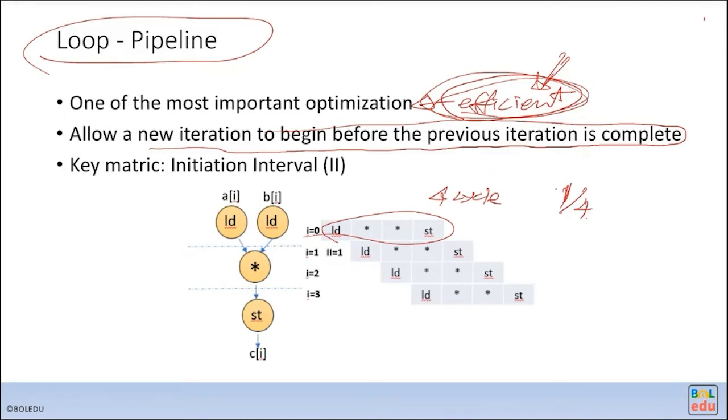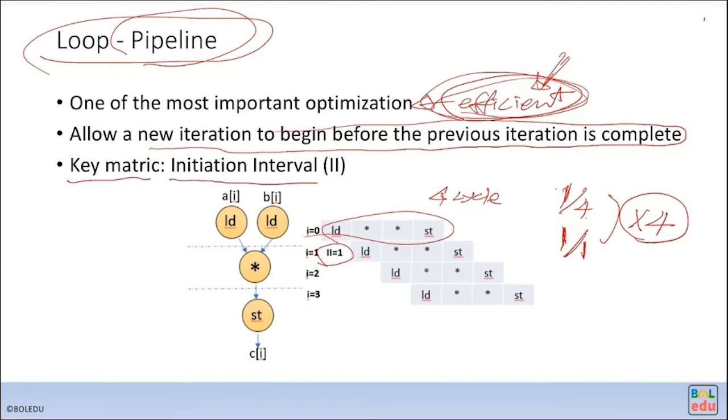And if I use pipeline II equal to 1, then for every one cycle you can generate one output. So you actually get 4 times the throughput, and your resource use will be much more limited. So for pipeline, there's a key metric, which is the initiation interval.